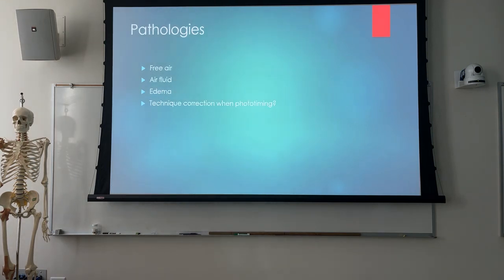All right, so pathologies, we're going to look for free air. We're going to look for air fluid levels, which indicate the patient has a bowel obstruction. We're not really going to look for, but we're going to question the possibility of edema, because it's going to affect our technique. But whenever we're using automatic exposure, your technique correction should be taken care of.